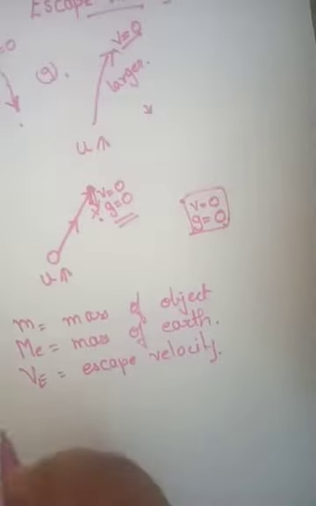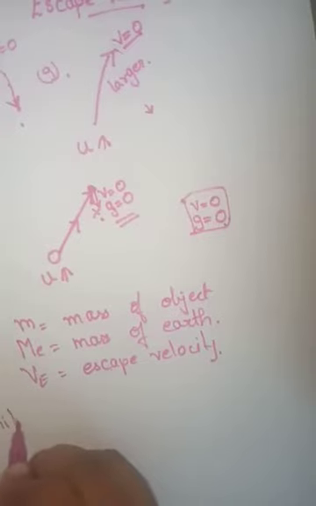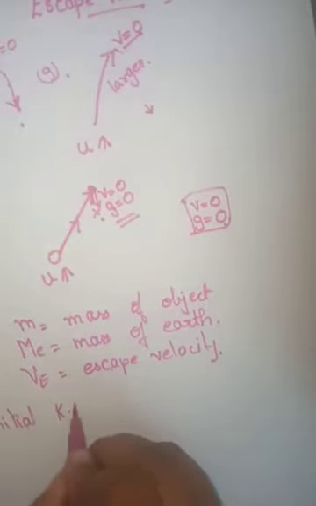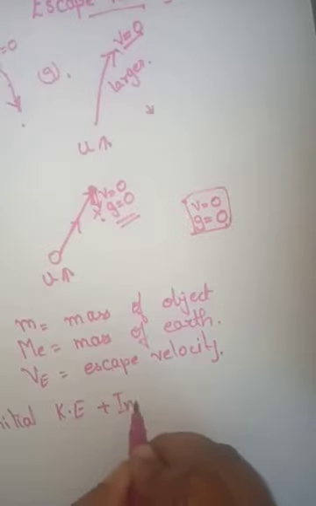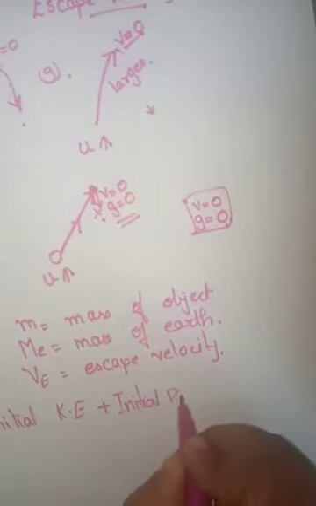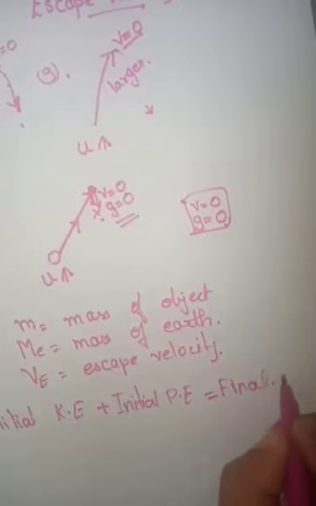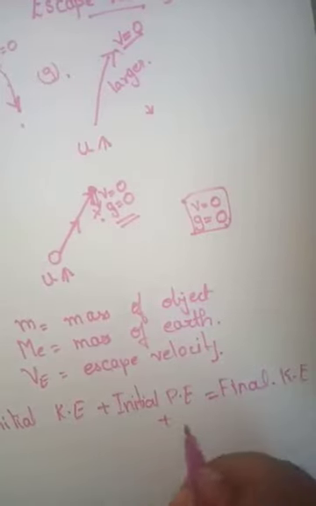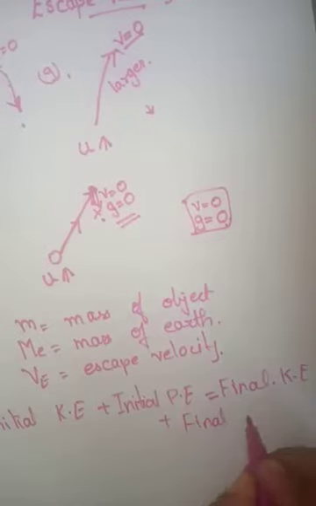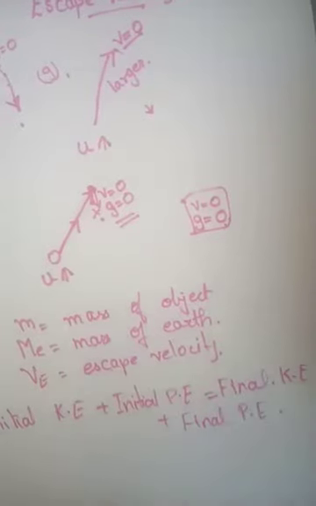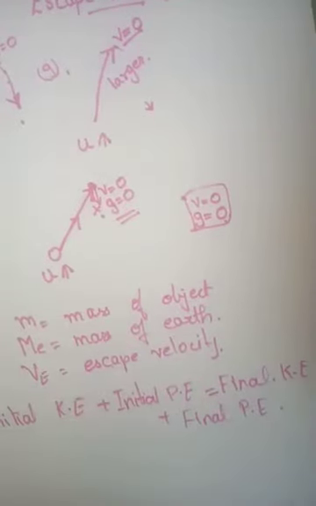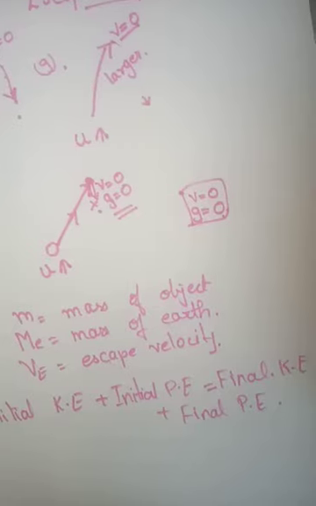According to that, the initial kinetic energy plus initial potential energy is equal to the final kinetic energy plus final potential energy. At an infinite distance from the earth, the kinetic energy and potential energy become zero.